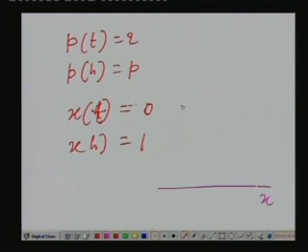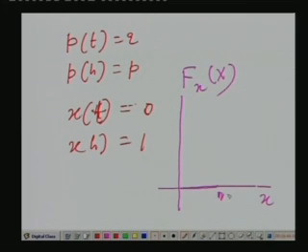Plot this axis, this is for x, and this axis is for F. Now, as x goes from 0 to 1, what is the corresponding probability in this range?